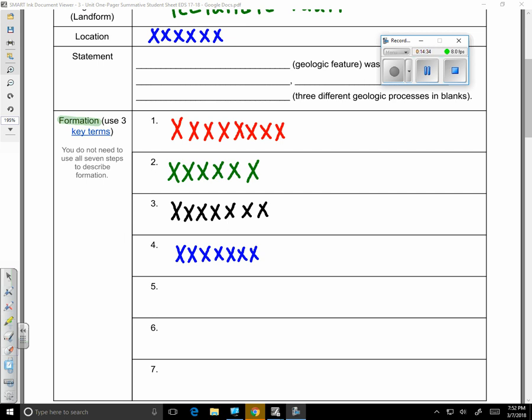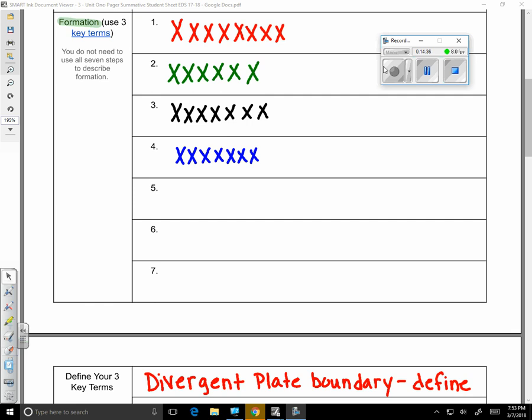If you need to know how to spell Rift Valley, it's spelled R-I-F-T Valley. Rift Valley.